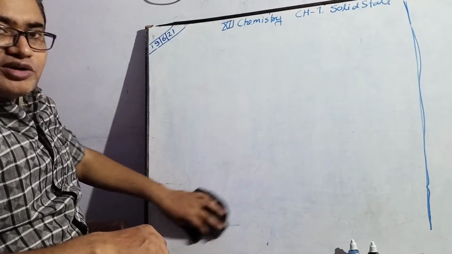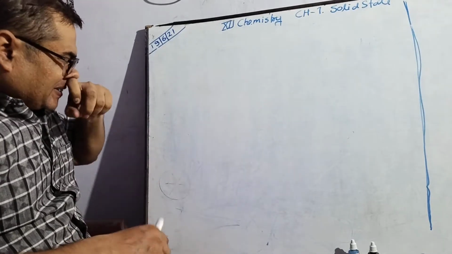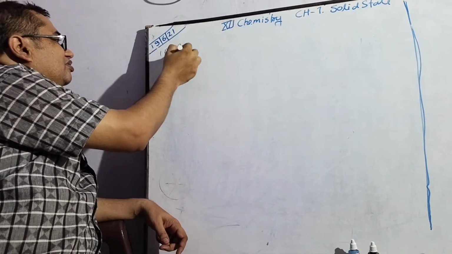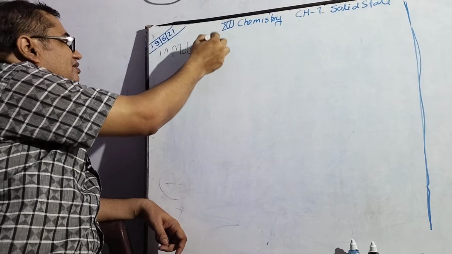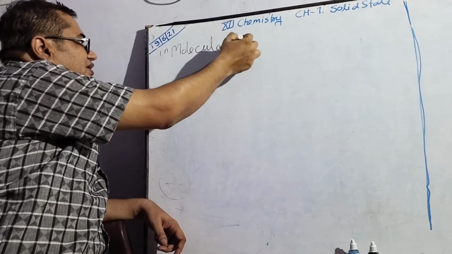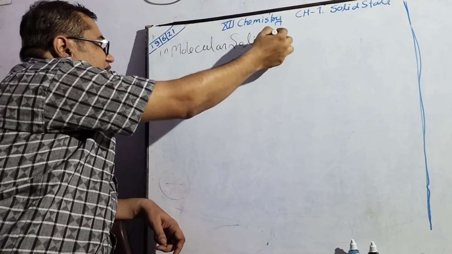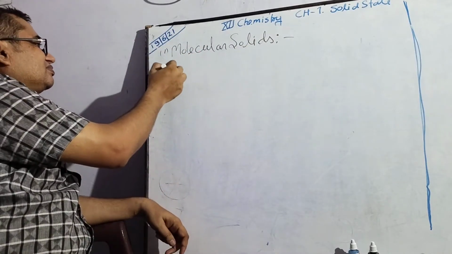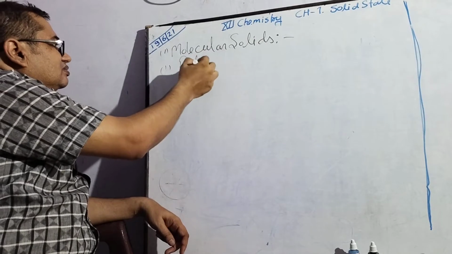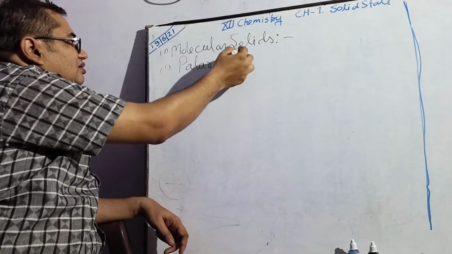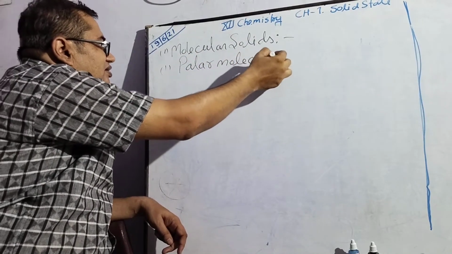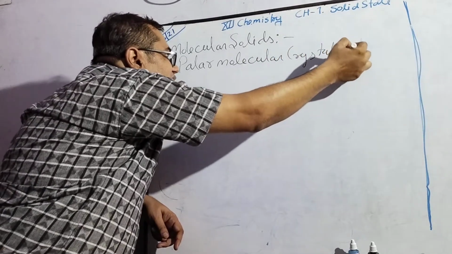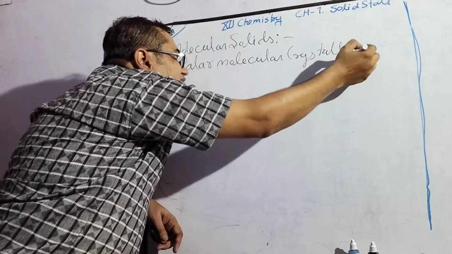The different kinds of solids are, number one, molecular solids. These molecular solids are of three types. Number one, polar molecular crystalline solids.